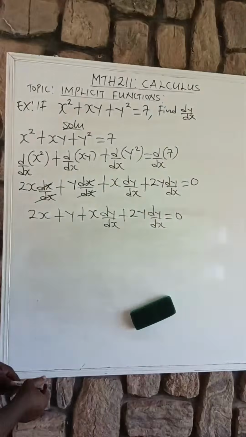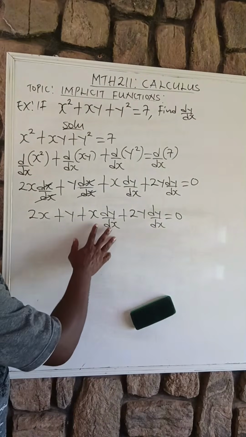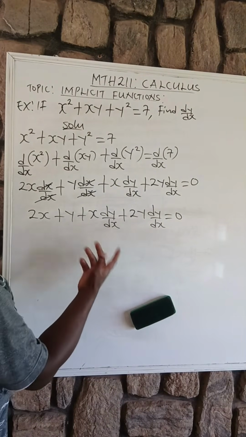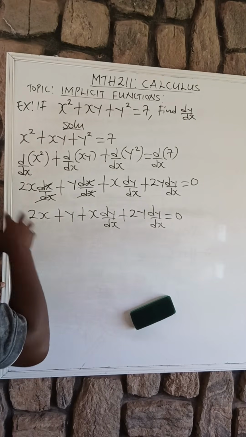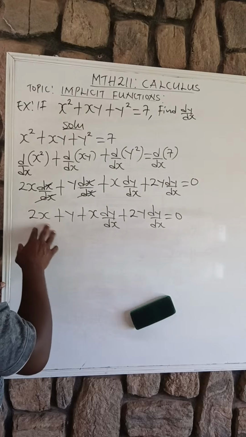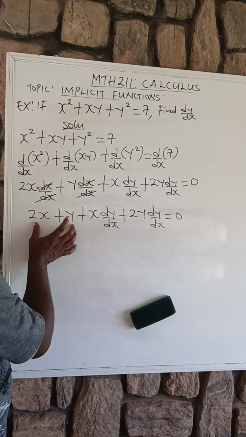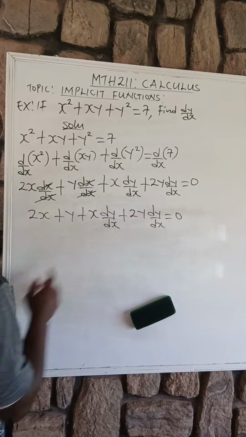Okay, so as you can see, this and this are the same thing. Go back to your linear algebra. This and this, we can take this to the right hand side.